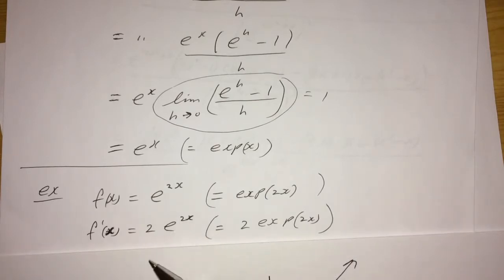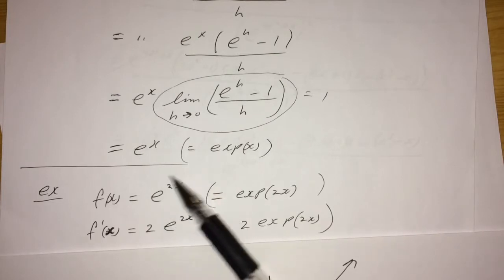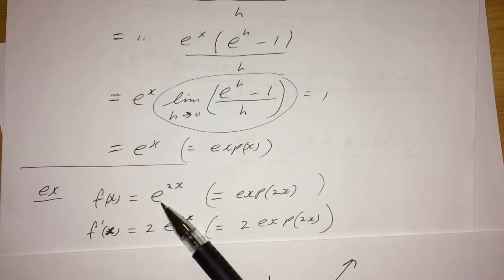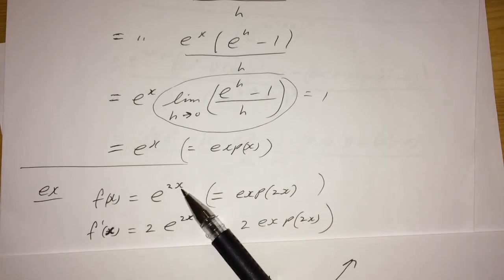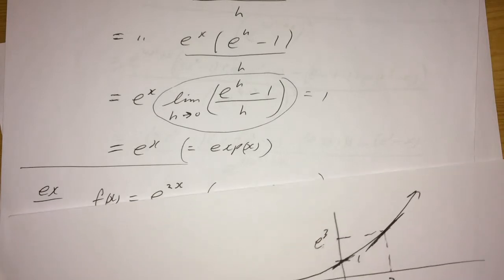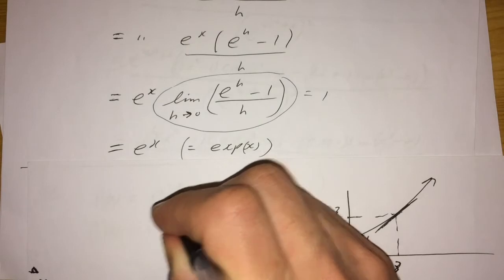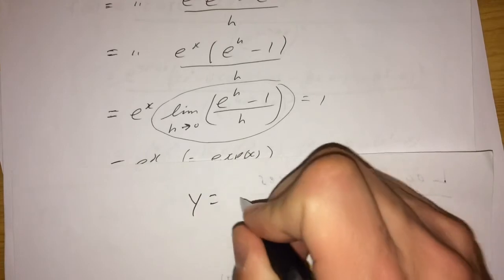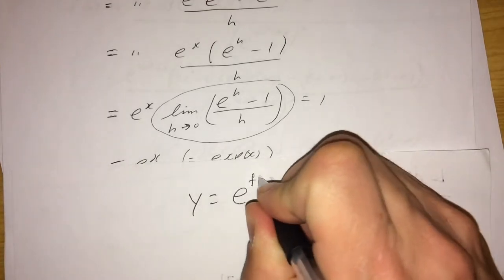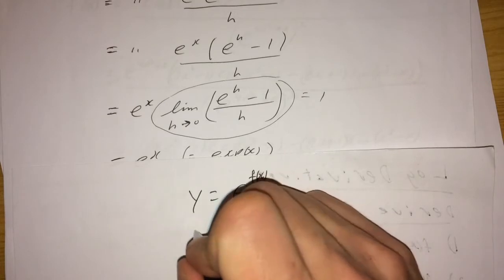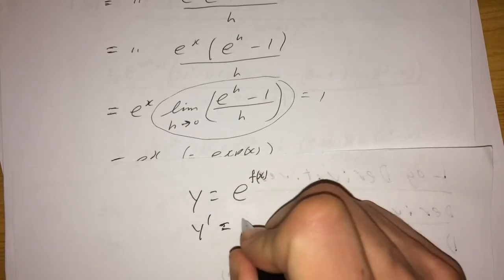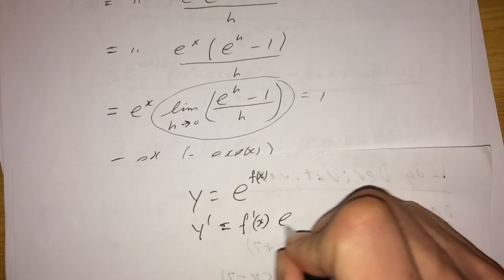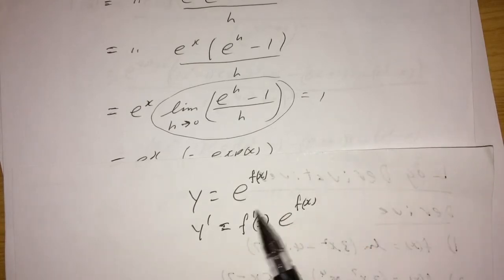One way to think about this is you rewrite the whole function and then multiply it by the derivative of the exponent. For example, if y equals e to the f of x, then y prime is always f prime of x times e to the f of x. So the derivative of the exponent times the function again.